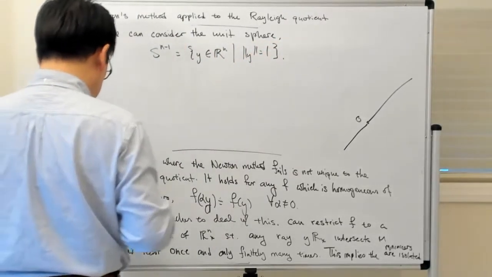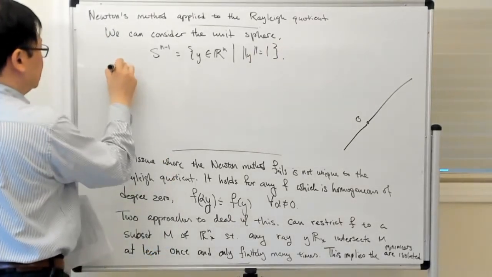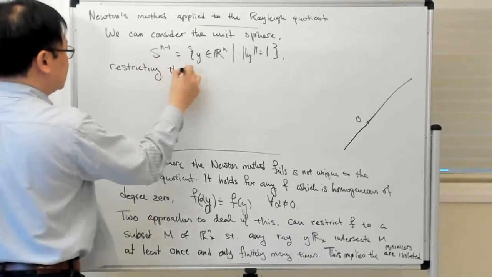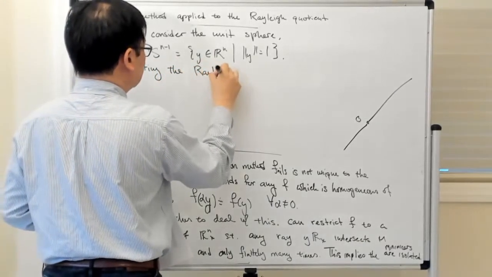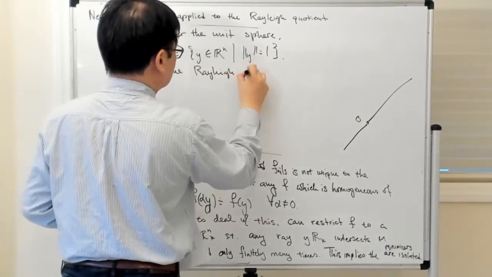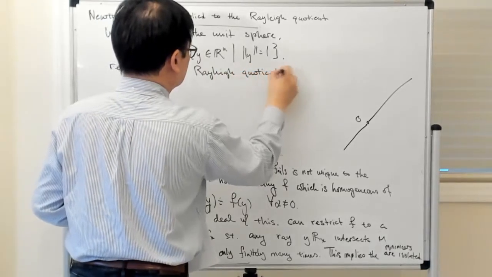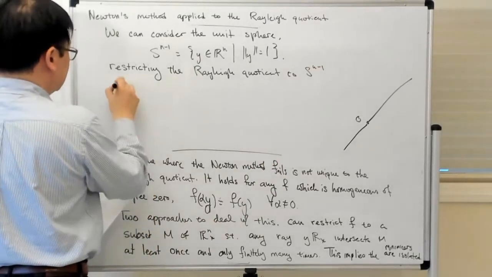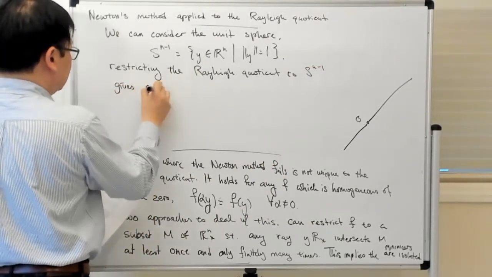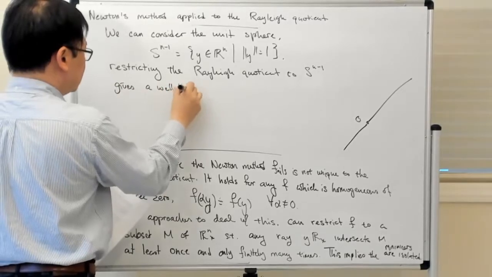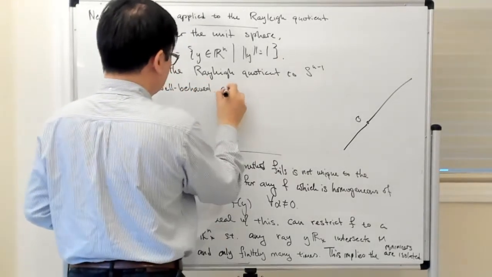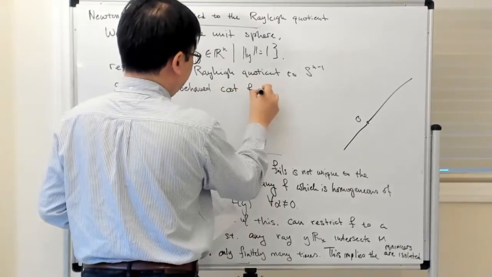Restricting the Rayleigh quotient to S^(n-1) gives a well-behaved cost function with isolated minimizers.